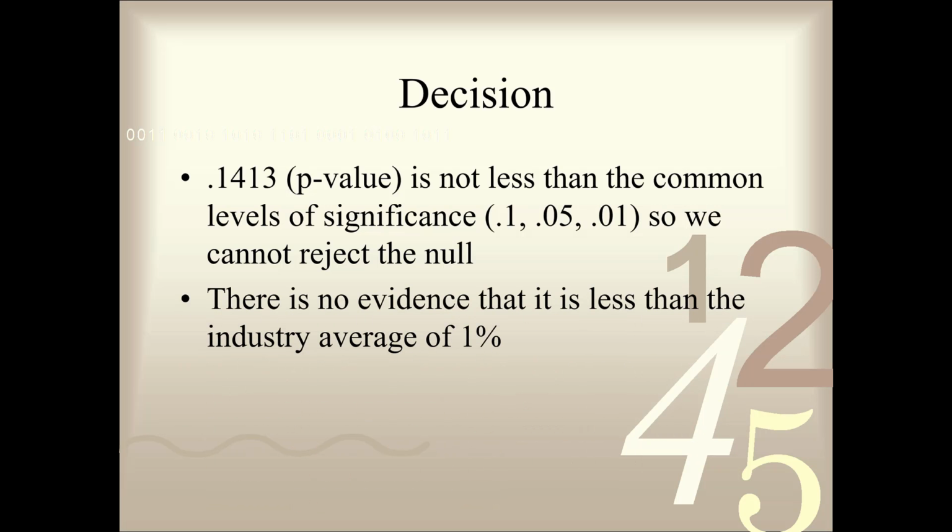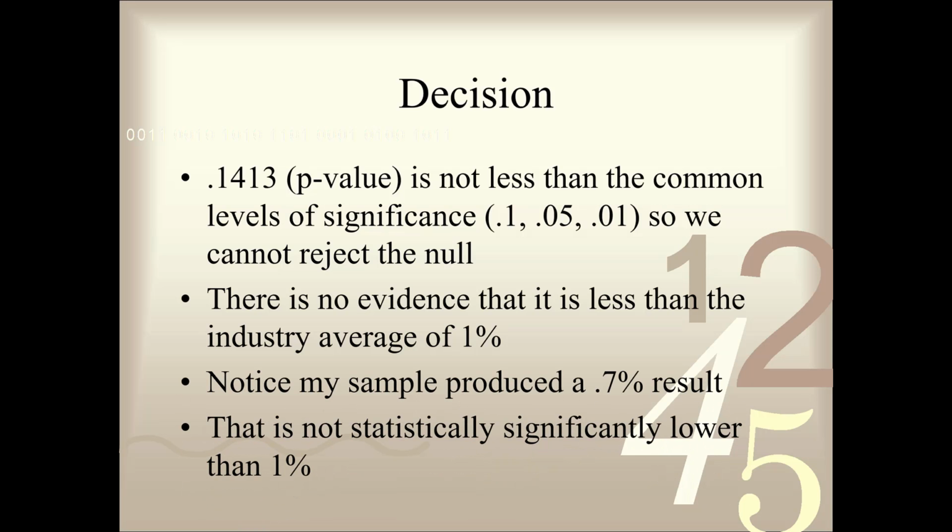There's no evidence that it is less than the industry average of 1%. Okay, remember my claim was less than 1%. That's what we were trying to prove. We didn't have enough evidence to prove that, so we're going with the null that it's equal to or greater than 1%. Okay, notice my sample produced a 0.7% result. That is not statistically significantly lower than 1%.